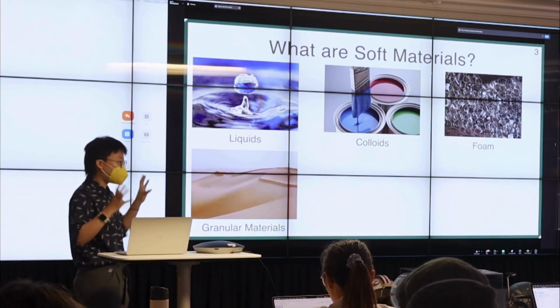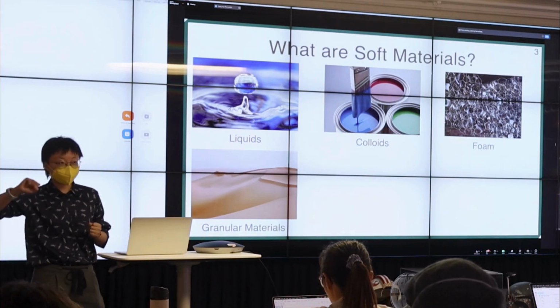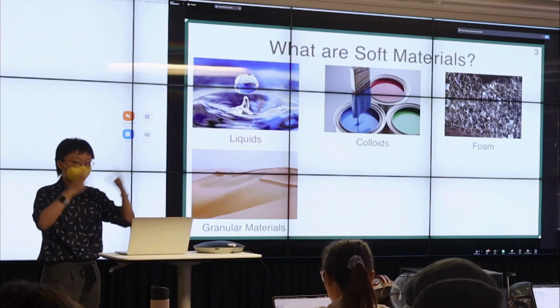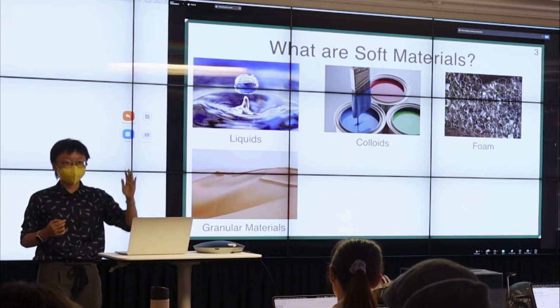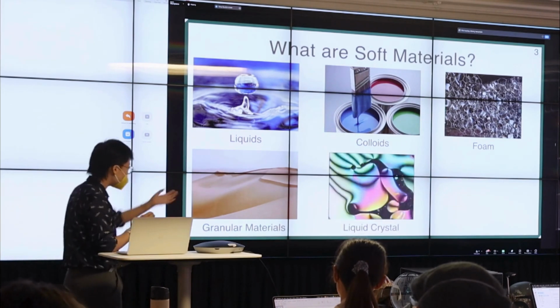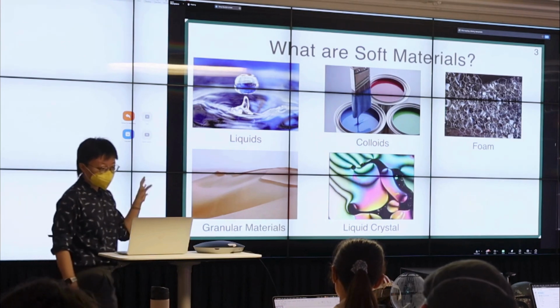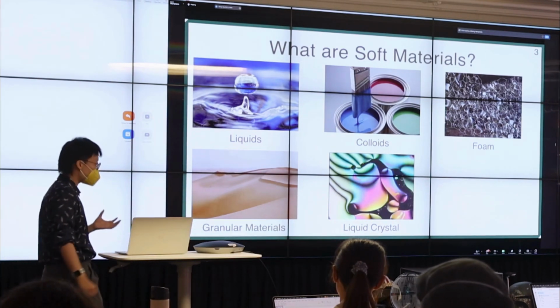Sand has a very interesting property: when you pour sand into a castle, at some point it's going to have an avalanche, and you can actually predict the angle at which that avalanche happens. Then liquid crystals are also a type of soft material, very important. This is why we have all our computer displays right now.